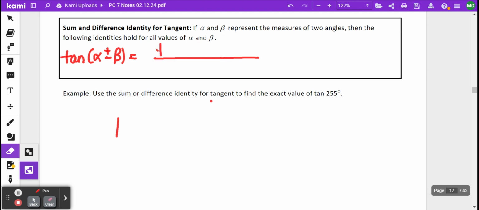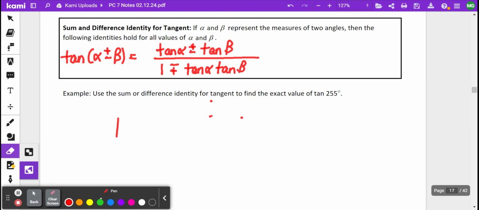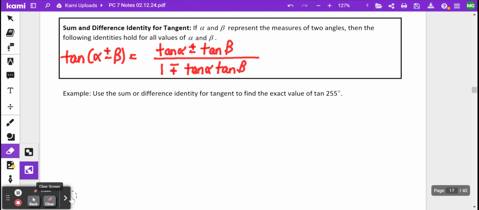So it's the tangent of the first angle plus or minus the tangent of the second angle. So notice these signs are the same, aren't they? And our denominator, it will be 1 minus or plus, so the signs are opposite, the tangent of the first angle times the tangent of the second angle. So not too bad.